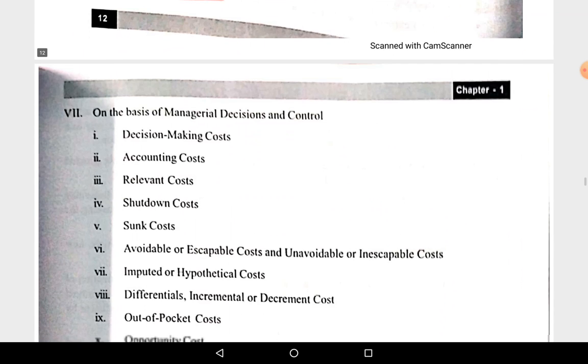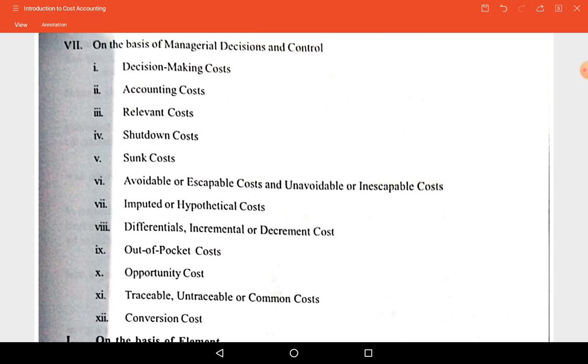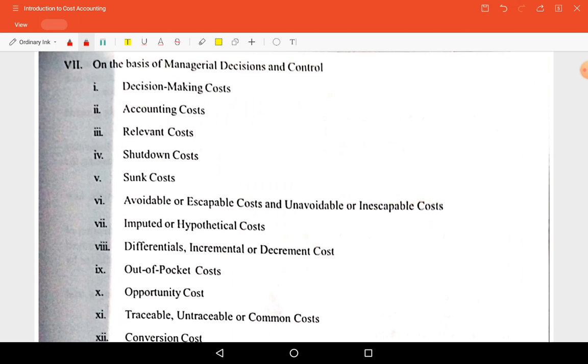And on the basis of managerial decision making, please remember these, as these costs are very important for your next semester managerial accounting also.